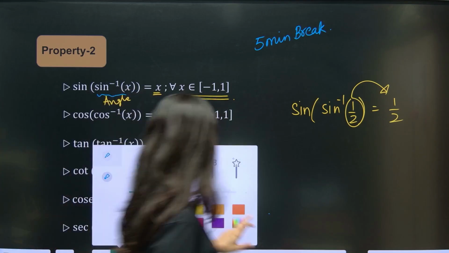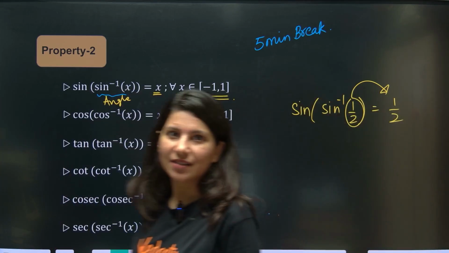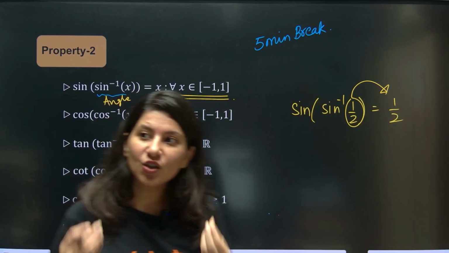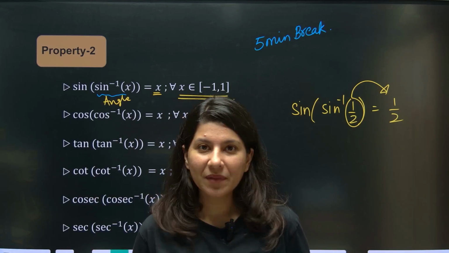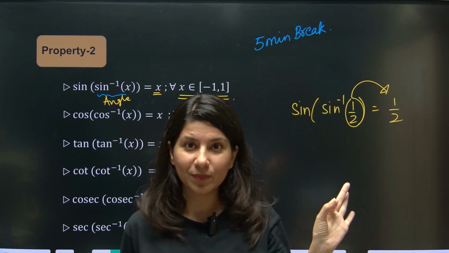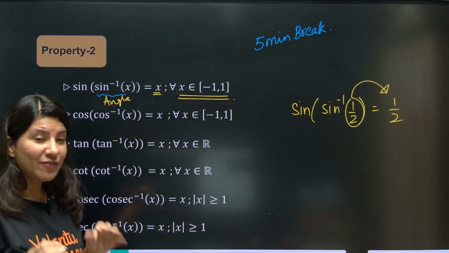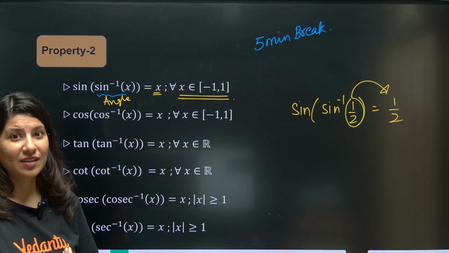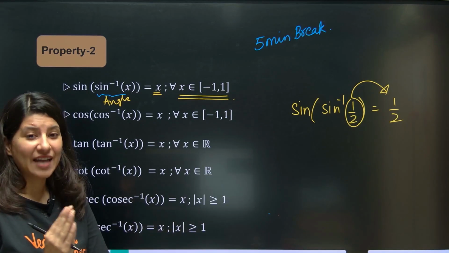So understand over here that for sine of sine inverse x, when there is an inverse trigonometric function inside, then you are saved. But if there is an inverse trigonometric function outside, then you are cooked, bro. So whenever you see ITF inside, before solving the question, thank God, be grateful to the universe for being kind to you.